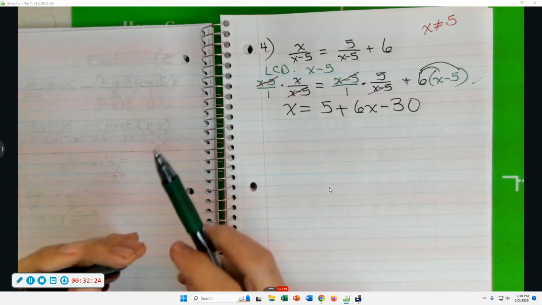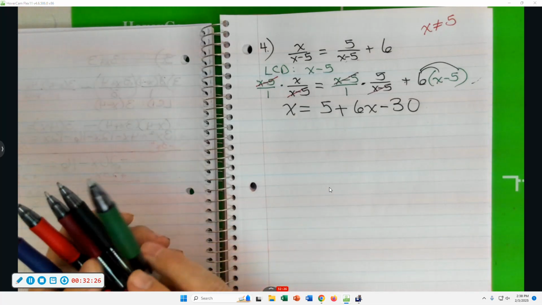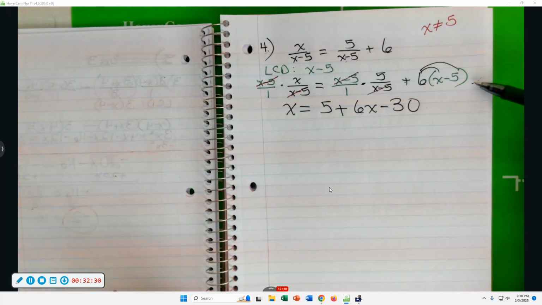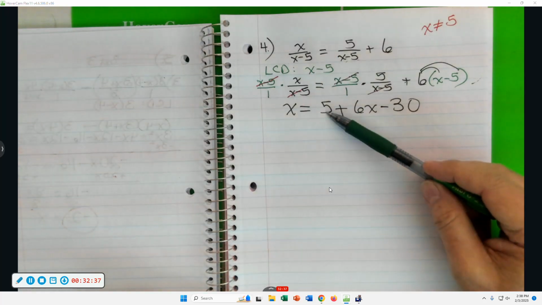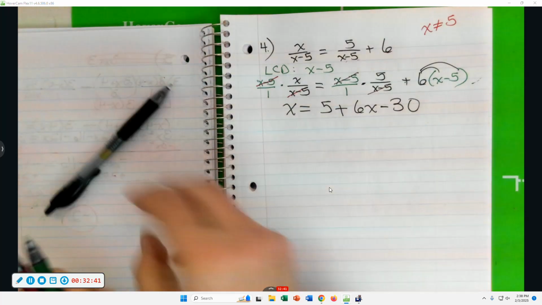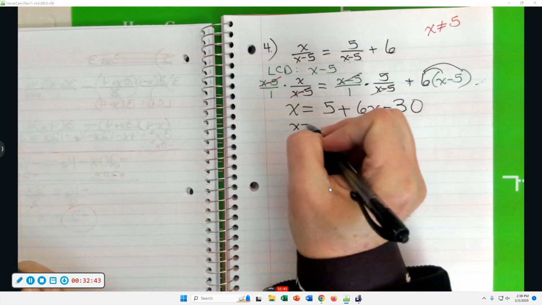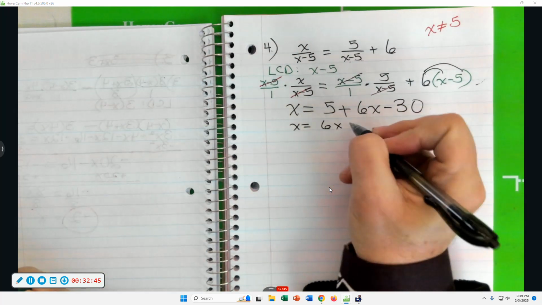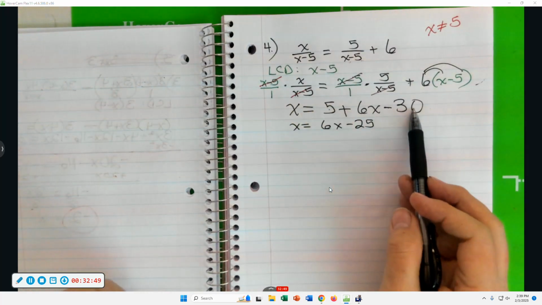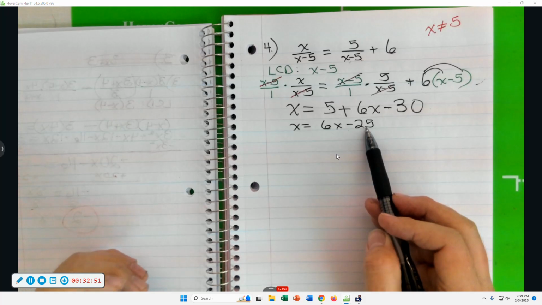Once you get to this stage, it's just the standard old solving equations. What's new is the way we're removing those denominators. We have a 5 minus 30. That's a minus 25, right? So we have a 6x minus 25.